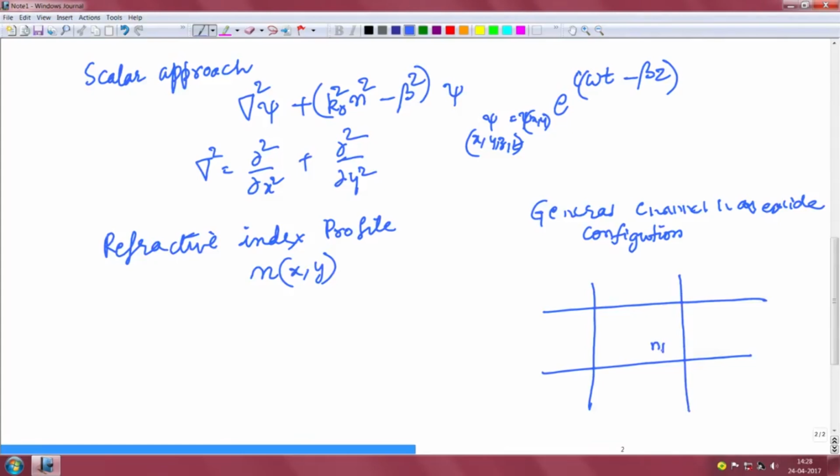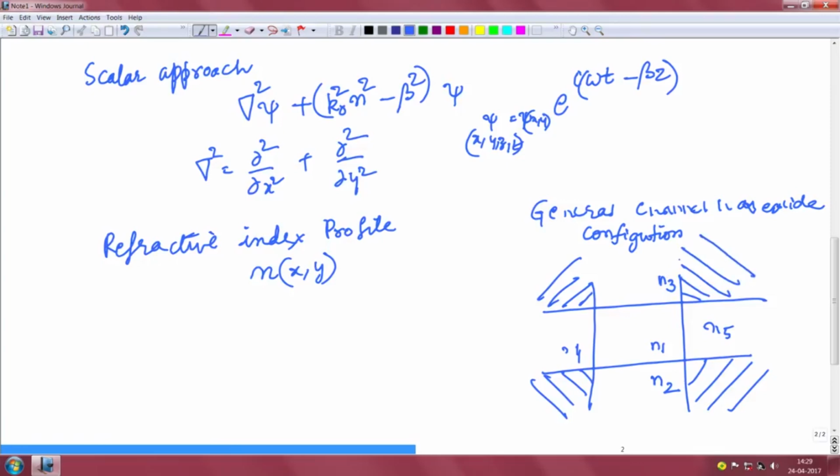The refractive index is N1 in this region, N2 in the substrate region, N3 in the cover region, N4 and N5 at the sides. You can also consider the refractive index in these corner regions, but to an approximation we can ignore the fields in the corner regions. It will not make a lot of difference except when we are coupling the waveguides.